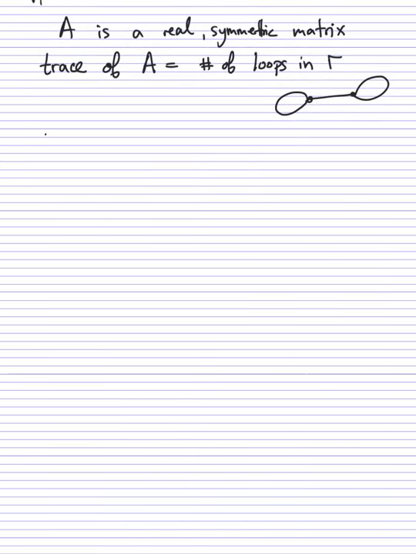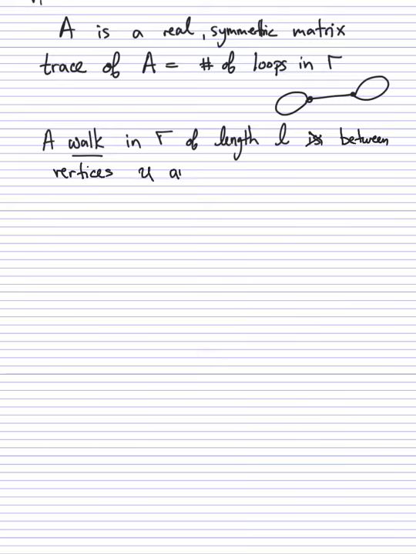This was the fact that the adjacency matrix is going to determine the number of walks between various vertices. Let me make this a little more formal. A walk in the graph of length L between vertices U and V is a sequence.